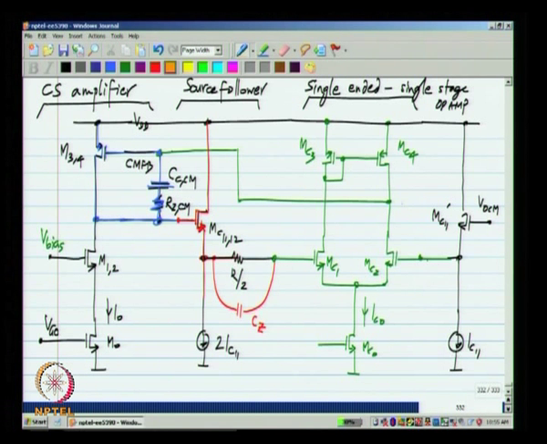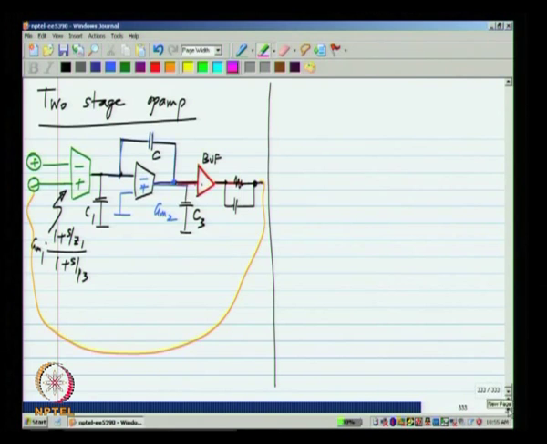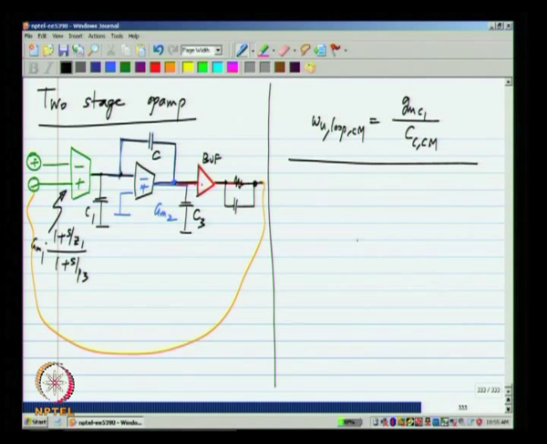Now, translating the terms, it will be the GM of these transistors GMC1 divided by this capacitor here, the integrating capacitor CCCM. Okay. The unity loop gain frequency of the common mode feedback loop is GMC1 divided by CCCM.